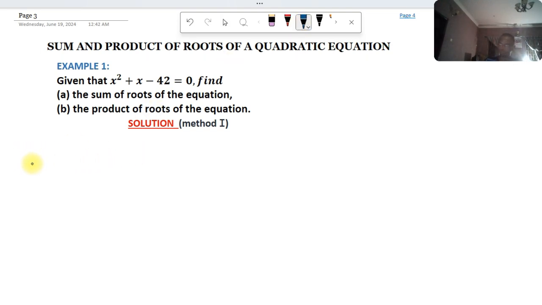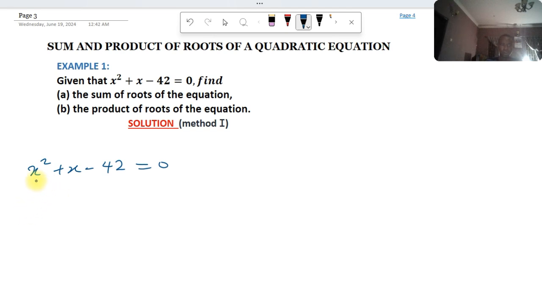According to what we have there, we have x squared plus x minus 42 equals 0. So I'll be using the factorization method to obtain my values of x. So let's keep that in mind.